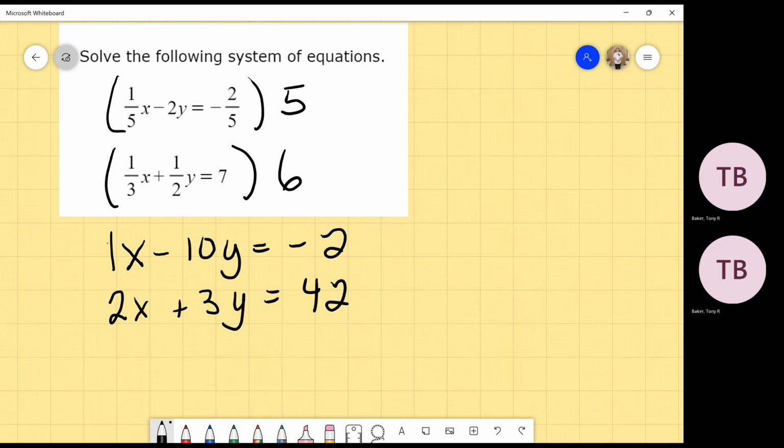When we do the test on this, if I'm asking for substitution, I want to see substitution. If we're asking for elimination, I want to see elimination. However, when we're doing the word problems next week, we're going to go back to graphing, because we have Desmos that can do the graph for us really quickly and easily. So we're going to harness that power to graph them and get the answer.